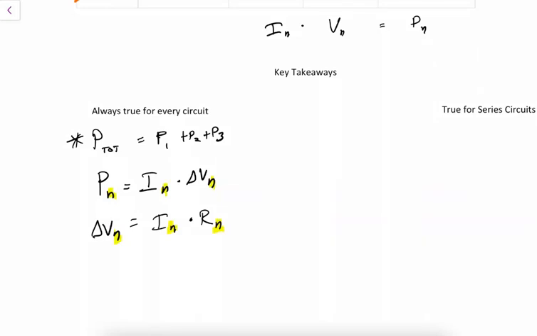So that also implies that the total voltage is equal to I total times R total, and same thing here. This can also mean that the total power is equal to I total times the potential voltage. So that can also mean that.